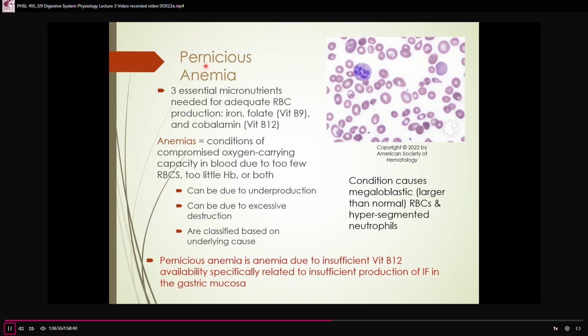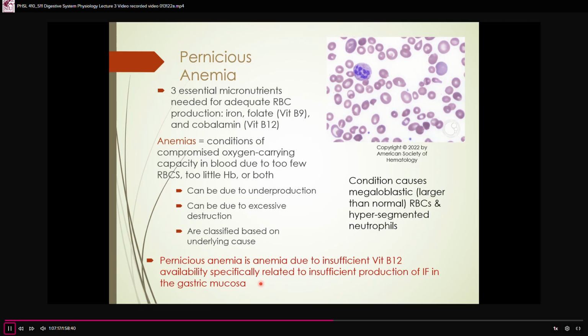And this is an anemia that is due specifically to insufficient amounts of B12 in the body, specifically related to the fact that you don't have enough intrinsic factor being produced in the gastric mucosa. So that's the underlying cause: a lack of intrinsic factor.